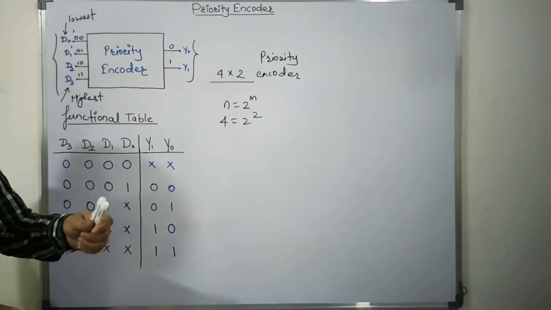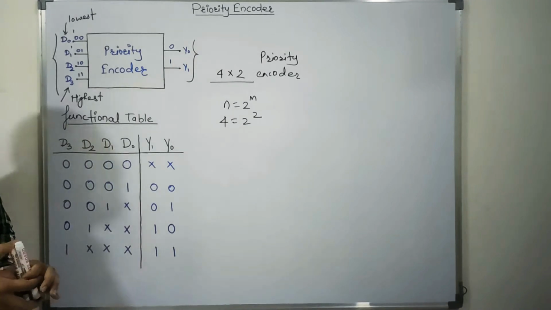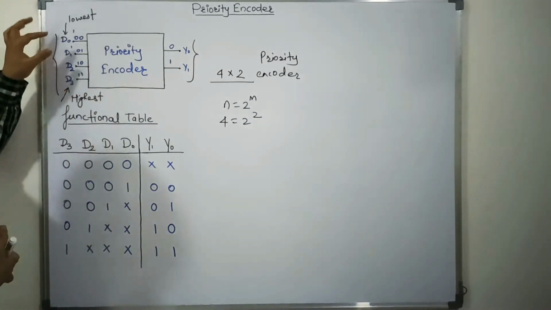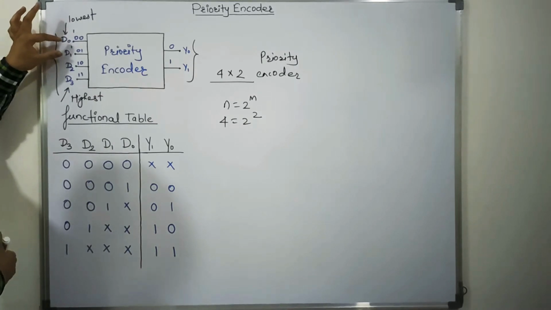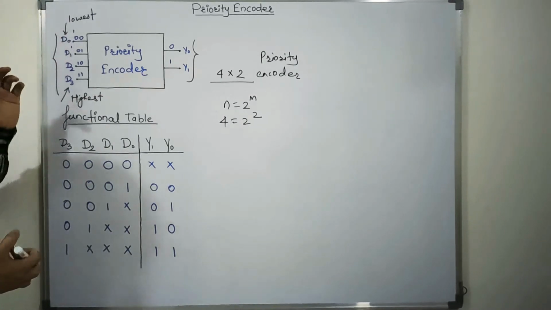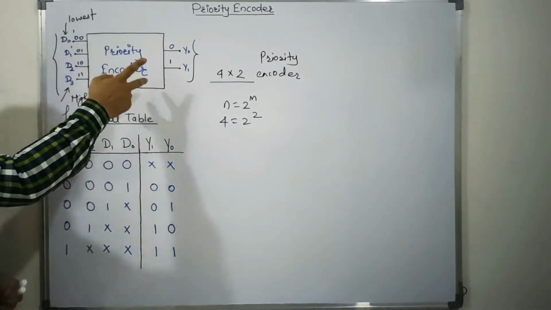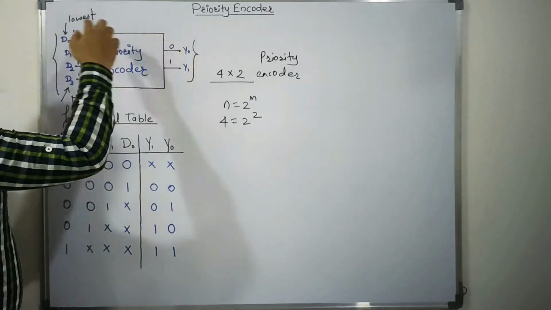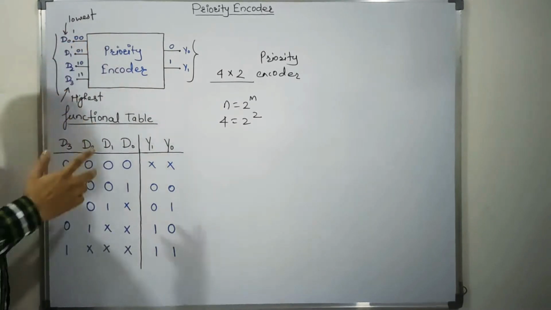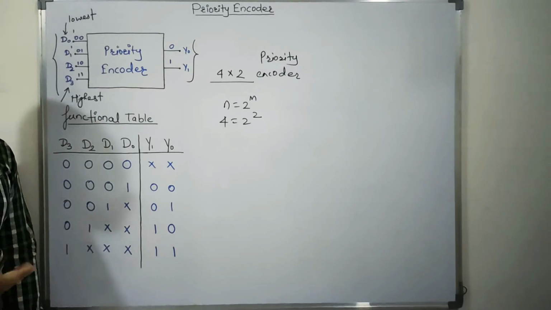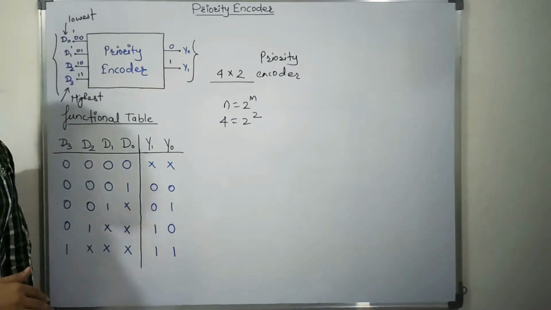It overcomes the limitation of the normal encoder. In a normal encoder, we can't handle multiple inputs. If D0 and D1 are both active high simultaneously, the output is not obtained properly, because in that encoder only a single input is to be high at a time.